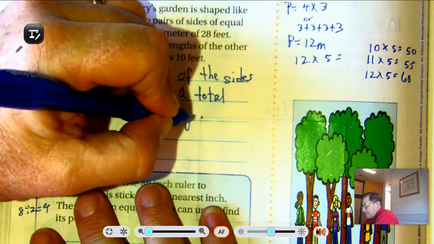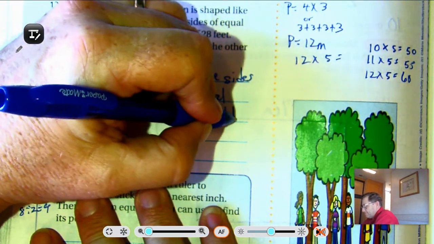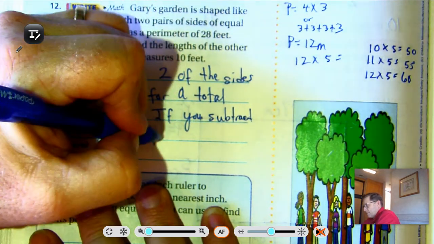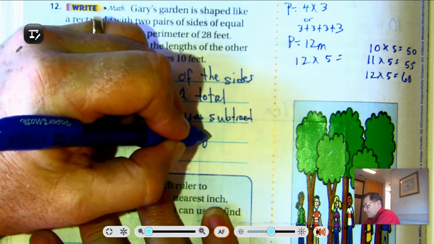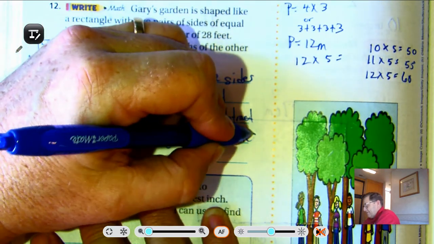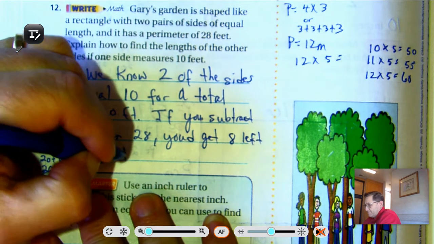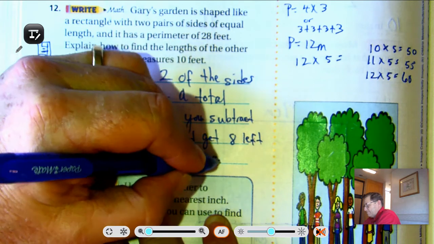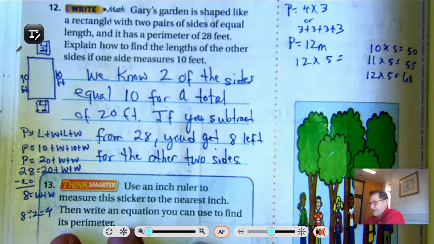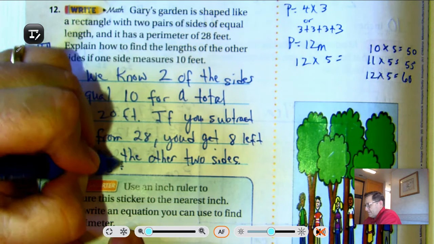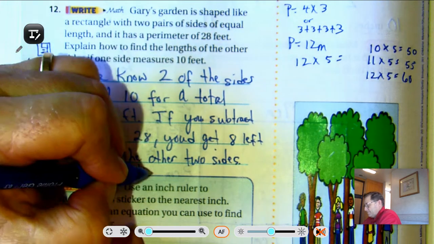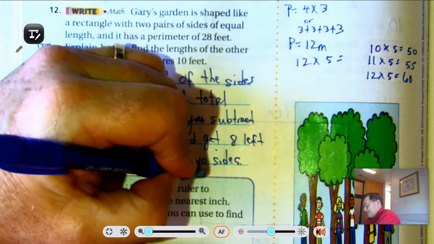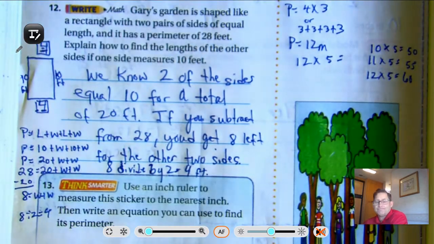If you subtract from 28, you get 8 left for the other two sides. 8 divided by 2 equals 4 feet. Okay?